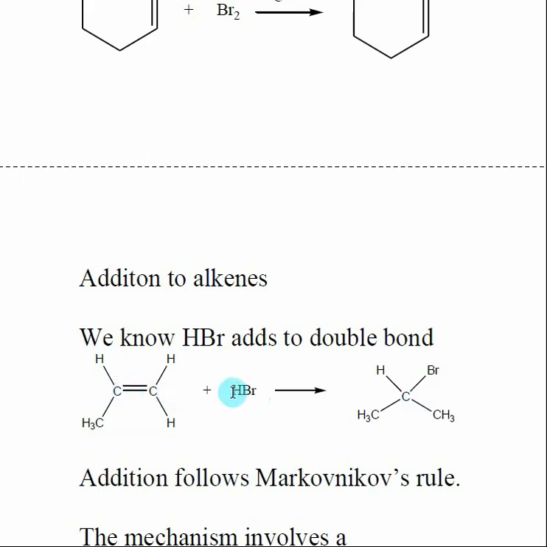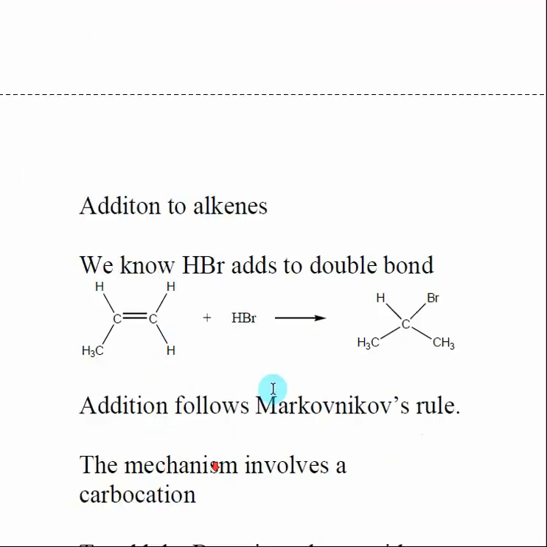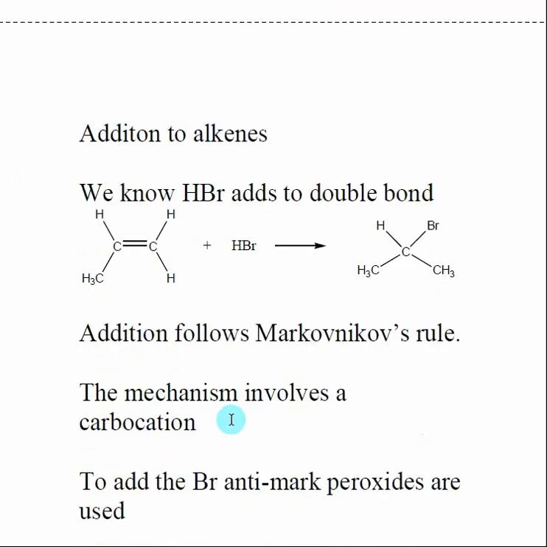So I just add HBr, break the double bond, form two single bonds, hydrogen goes here, bromine goes here. This addition follows Markovnikov's rule because it follows heterolytic cleavage. So you form a carbocation, and an electron moves in pairs.